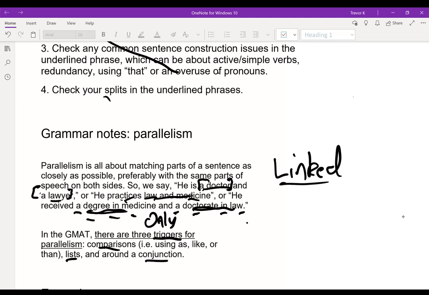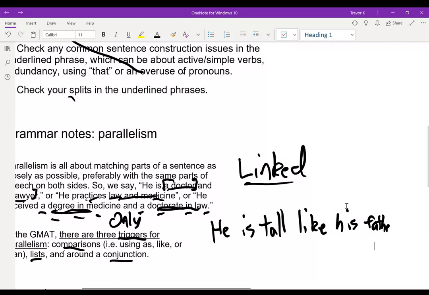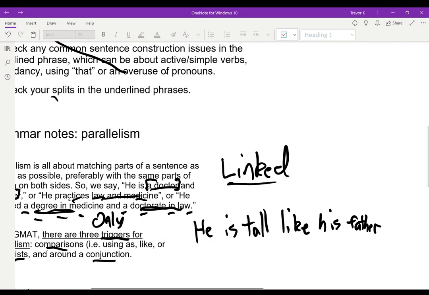This sometimes throws people off. If I say he is tall like his father, one thing people sometimes ask me is, okay, I get it: he, his father, like, the comparing word. Why don't I need is here?